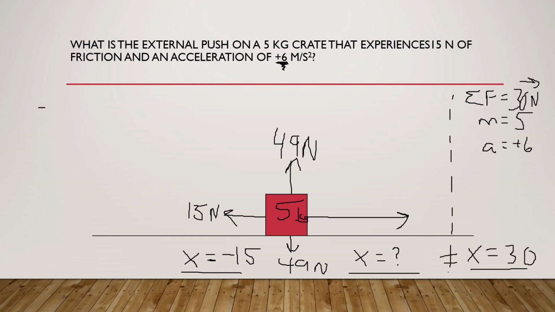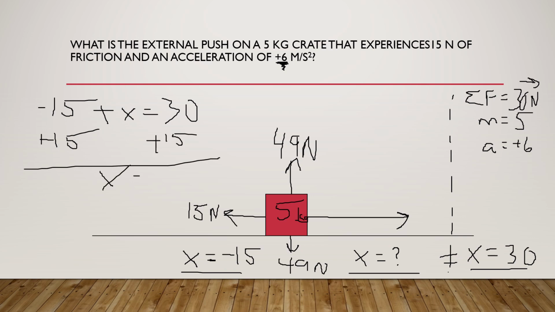Nice. Negative 15 plus x equals 30. I'm going to add 15 to both sides. X equals 45. So the external push has to be 45. And let's just see if that makes sense. 45 minus 15 is 30. Nice. Everything checks out. We're just going back to vectors.